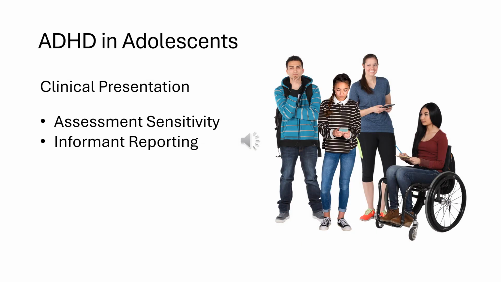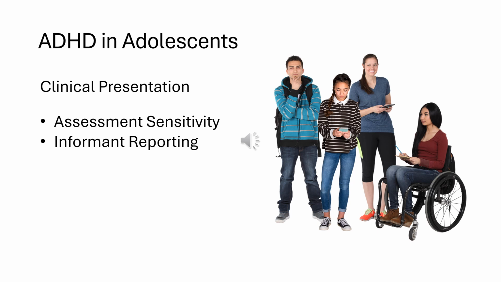Now that we can see how development affects presentation, let's look at how presentation in adolescence differs from childhood presentation. Although criteria for ADHD does not change for each stage of development, the American Psychiatric Association has taken care to add language to the DSM criteria that includes examples of behaviors that are associated with children, adolescents, and adults.